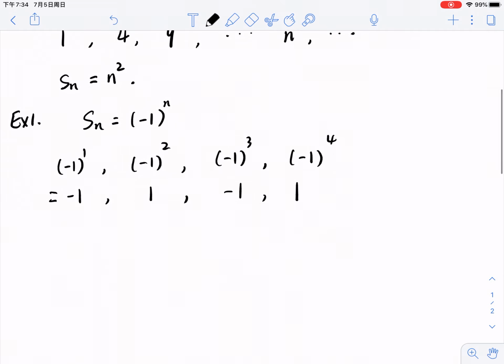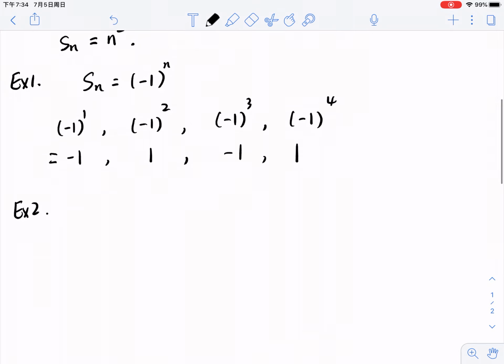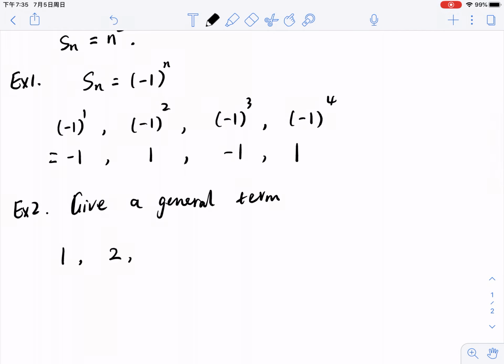Next example. We give you a sequence, then you are asked to find the general term. So the sequence is this one: 1, 2, 4, 8, 16, 32, and so on.